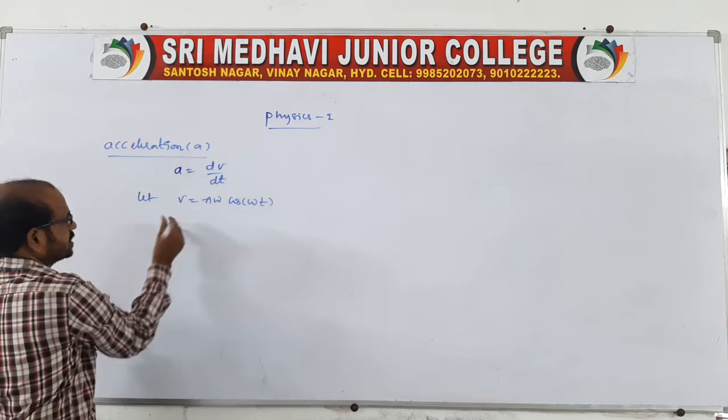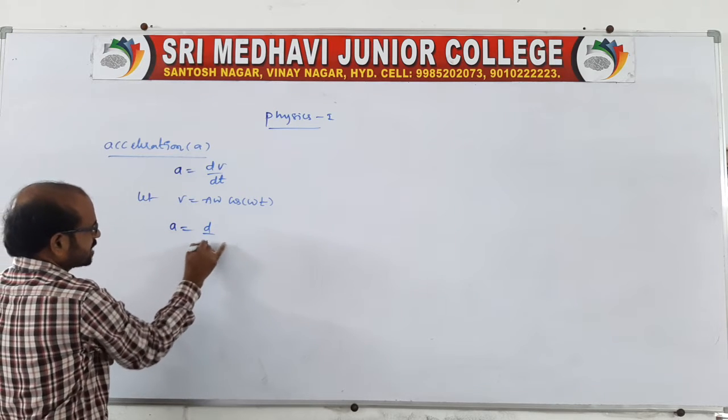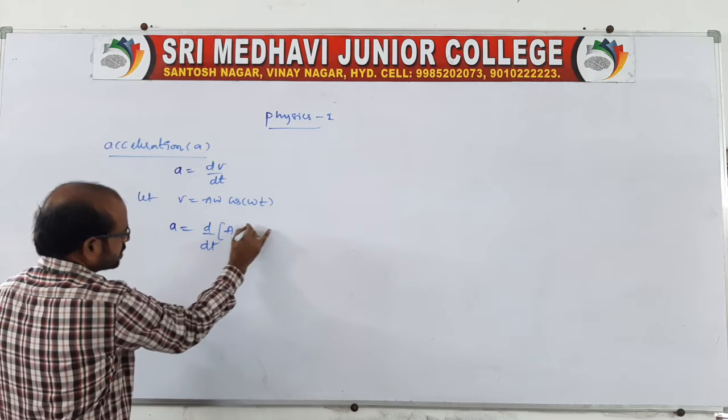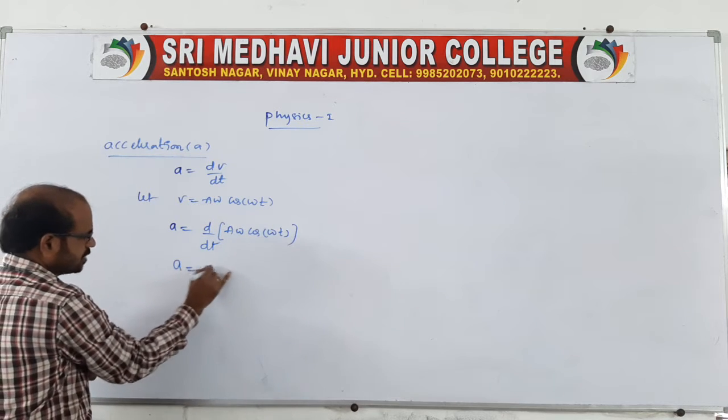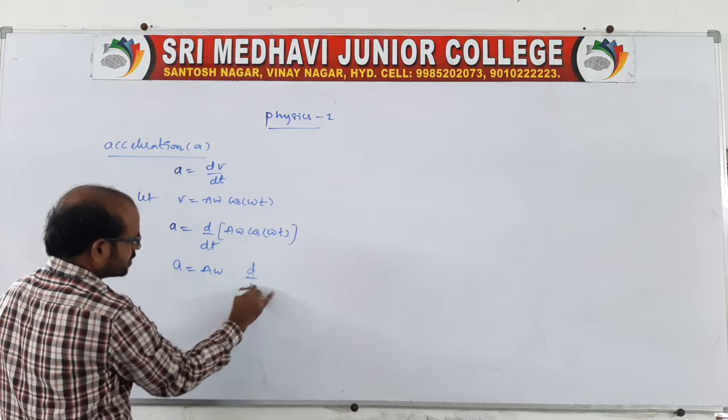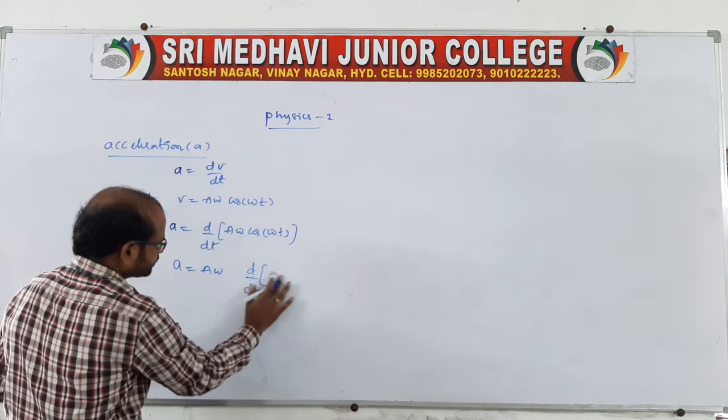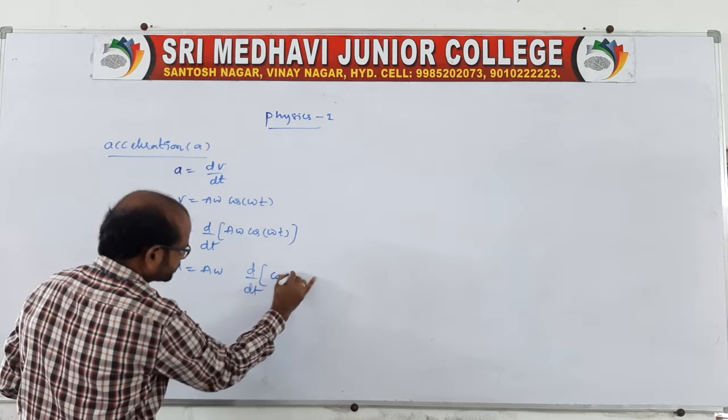Now write the derivation here: d by dt of A omega cos omega t. Now take the differentiation of cos omega t.